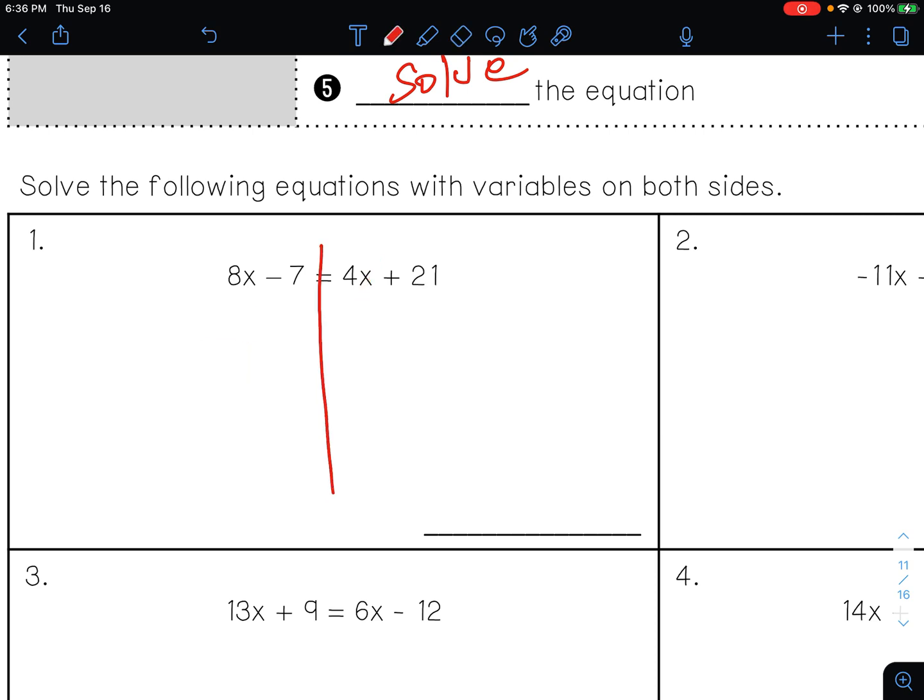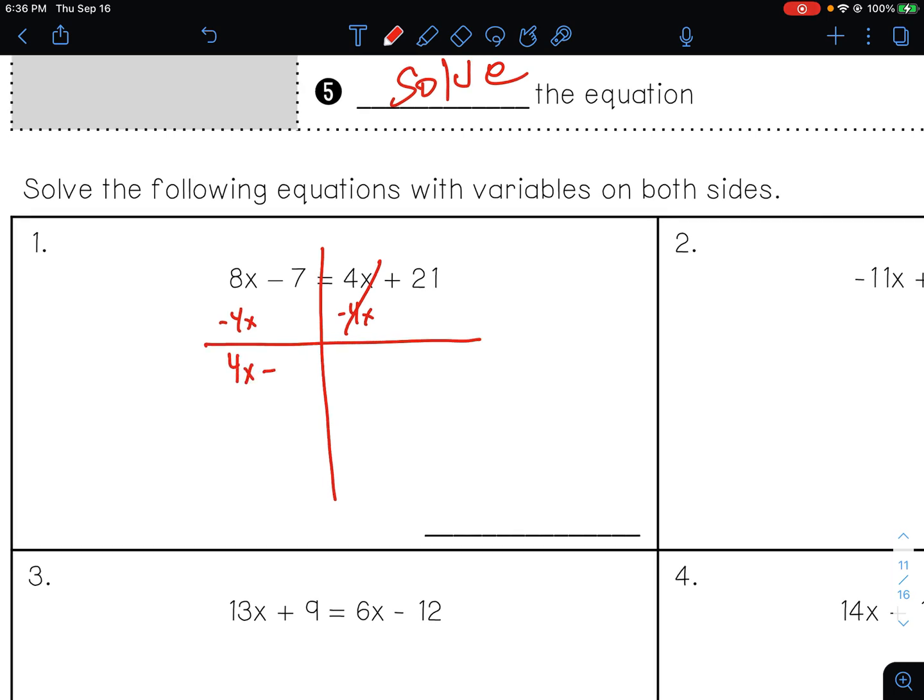I'm going to subtract 4x from both sides. That cancels that out. I'm left with 4x. And then I bring down the minus 7, the equal sign, and I bring down the plus 21. Now you can write plus 21, or you could just write 21, because it just means positive 21.